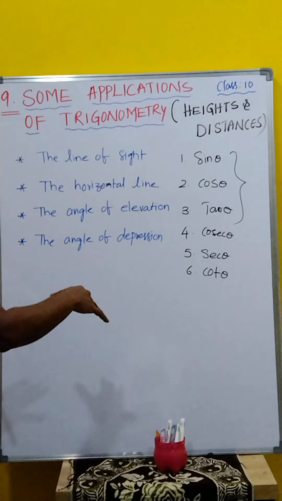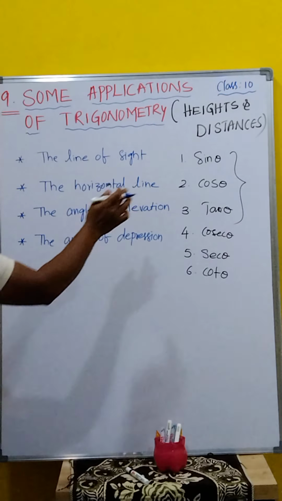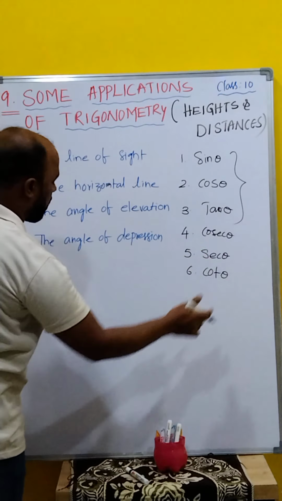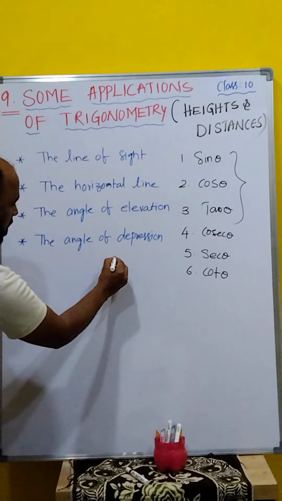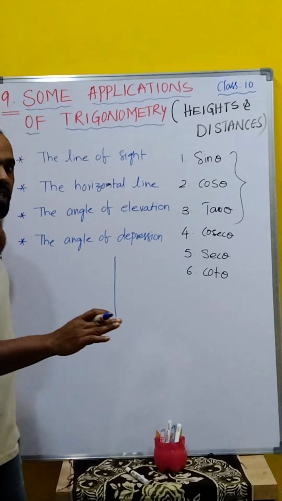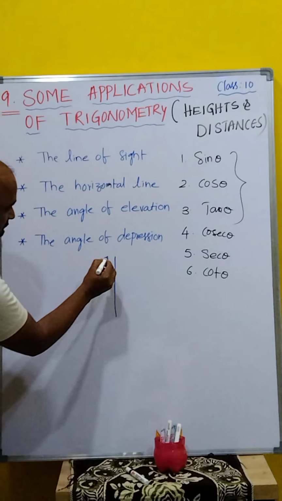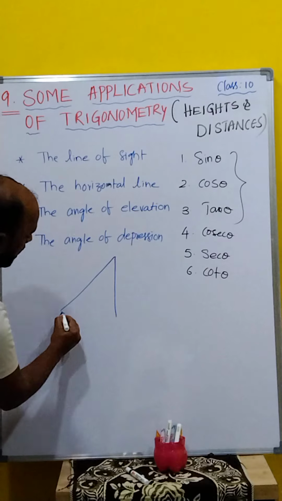Now, what are the ratios of each one? Just write first sin, cos, tan, then the reciprocals. Suppose I am drawing one. We know trigonometry is related only to the right angle triangle. That we will write now.